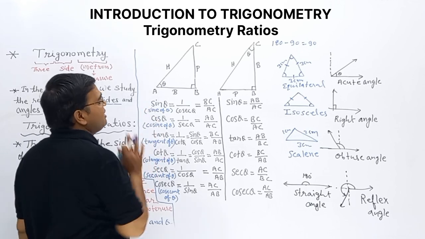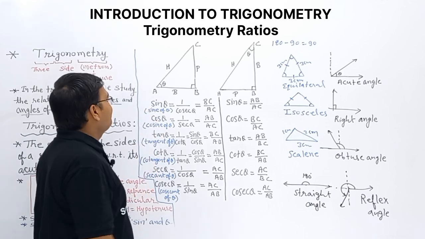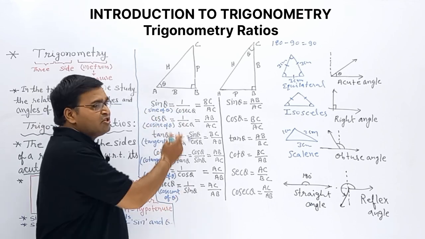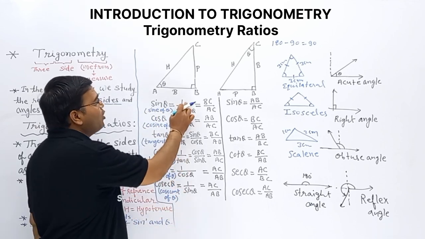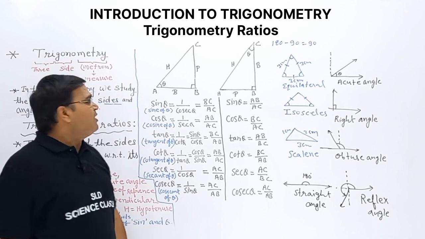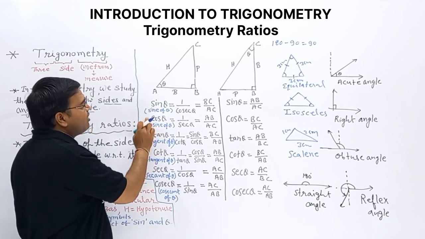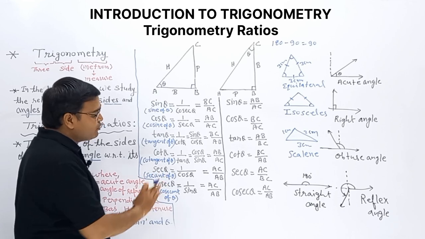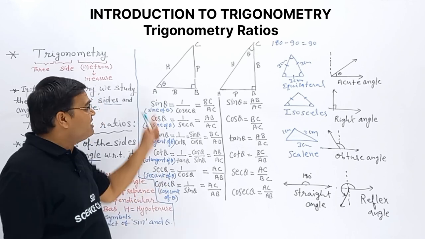Observe. The first trigonometry function I am taking is sin theta. And its reciprocal is what? 1 upon cosec theta. We have three functions: sin theta, cos theta, tangent theta, and the remaining three, cot theta, sec theta, and cosec theta, are reciprocals of these.